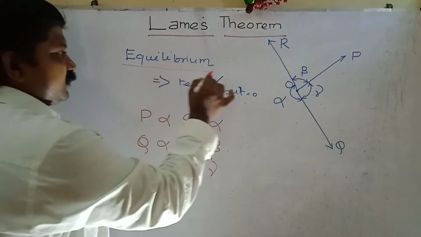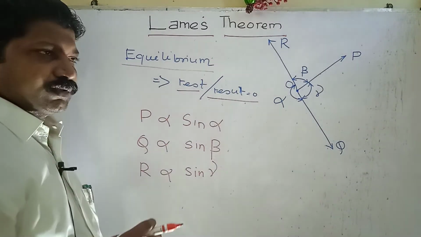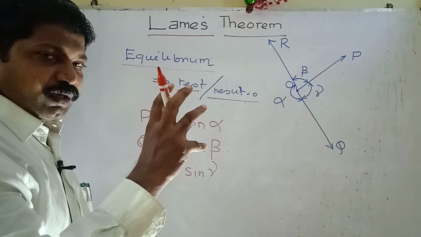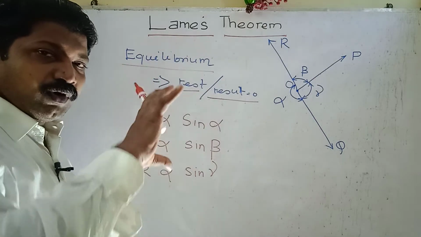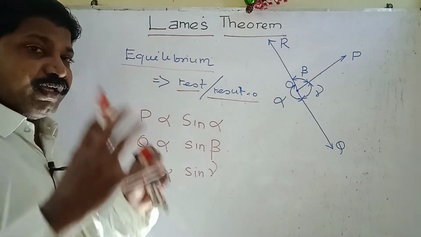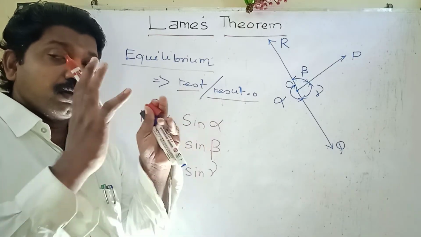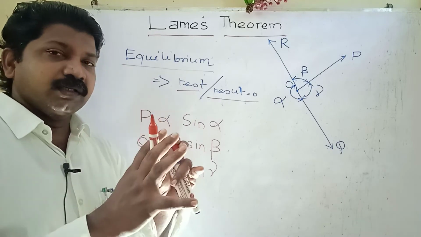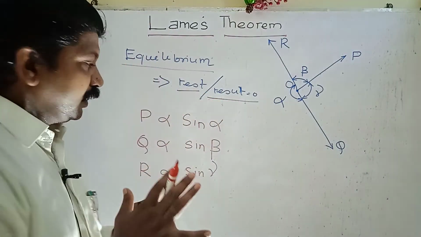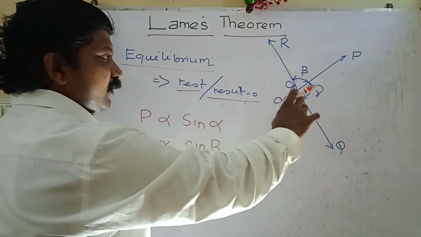So equilibrium means the body is in resting condition, or the resultant of all the forces is equal to 0. If three forces acting at a point or body are in equilibrium, then each force is directly proportional to the sine of the angle between the other two forces.